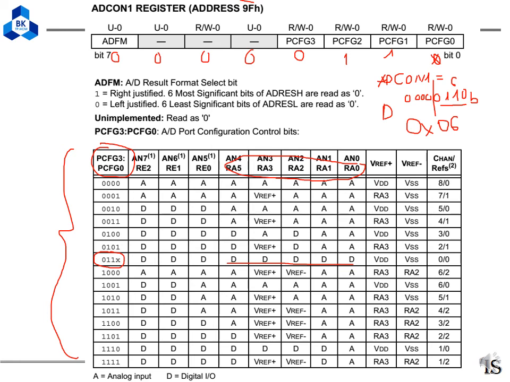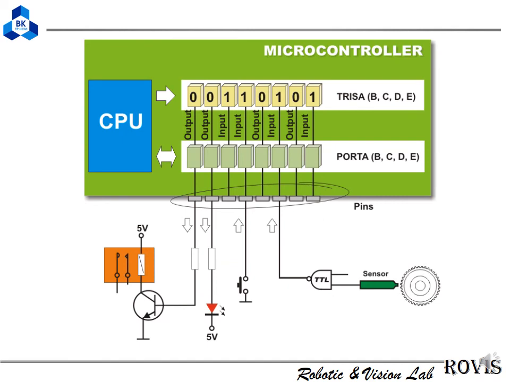The next step is that we want the pin to be input or output, right? So let's make an example. From the picture we know that this is an output function, this is an output function, this is an input function, this is an input function. This is very easy.